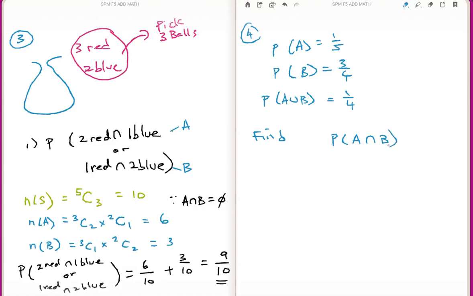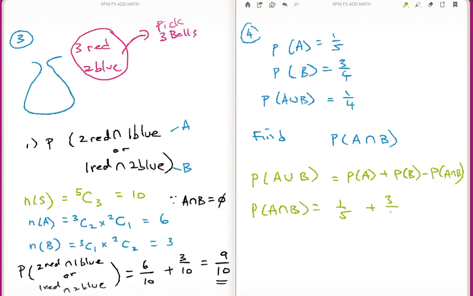So this is something concept based. If you want to find A and B to see if it's 0 or not, what you do is start out with the standard equation. That would be the possibility of A plus the possibility of B, subtract the possibility of A and B. So therefore you bring it over. Possibility of A and B: PA is 1 over 5, PB is 3 over 4, bring over, subtract 1 over 4.